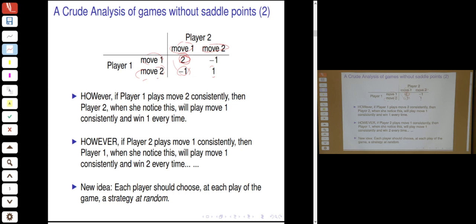So this kind of situation clearly calls for a new idea, and the new idea is that every player should choose at each play of the game a strategy at random. So now, even if there are repeated trials of the game, repeated matches of the same game, both the players are choosing their strategies at random. So his opponent, for example, is never sure which strategy he is going to pick the next time.